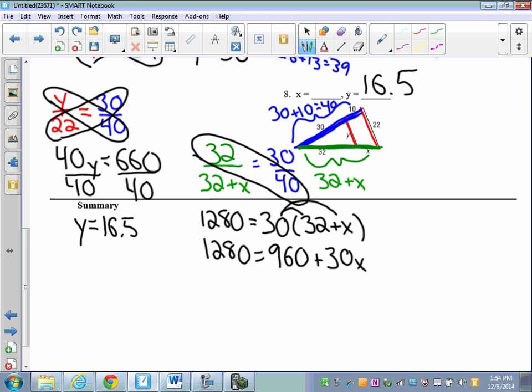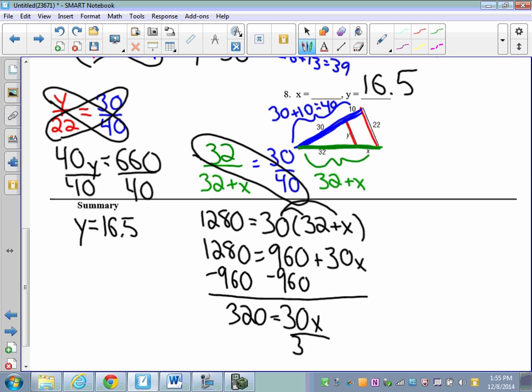To get x alone, I need to subtract 960 from both sides. So we get 320 is equal to 30x. And whenever we divide by 30, we'll get our final answer.